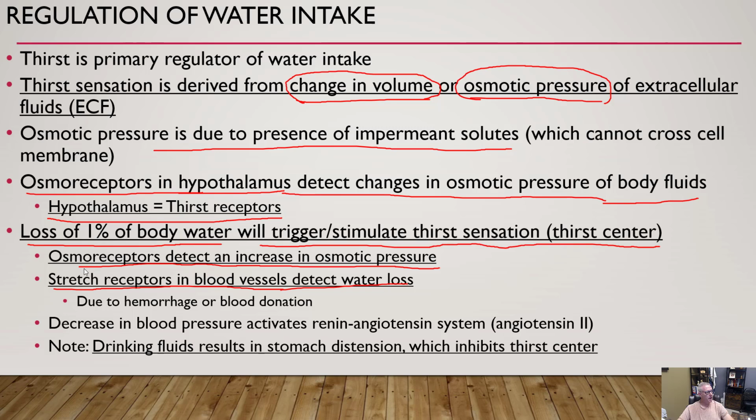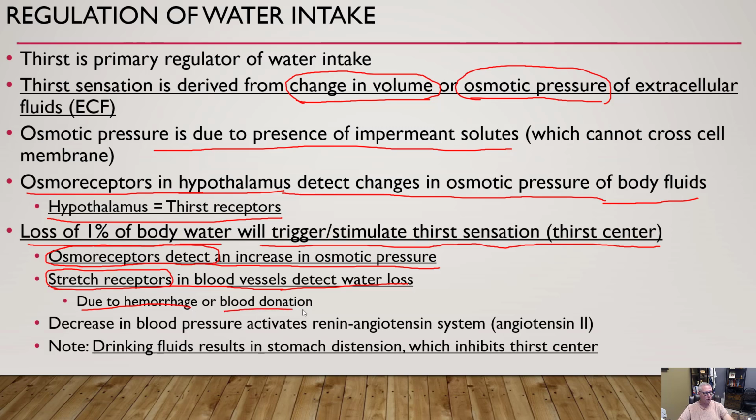So here we can have either our osmoreceptors being activated, or we can have our stretch receptors in our blood vessels. So let's say we accidentally cut ourselves rather badly, and we lose 1% of our blood, we're going to trigger our thirst centers.